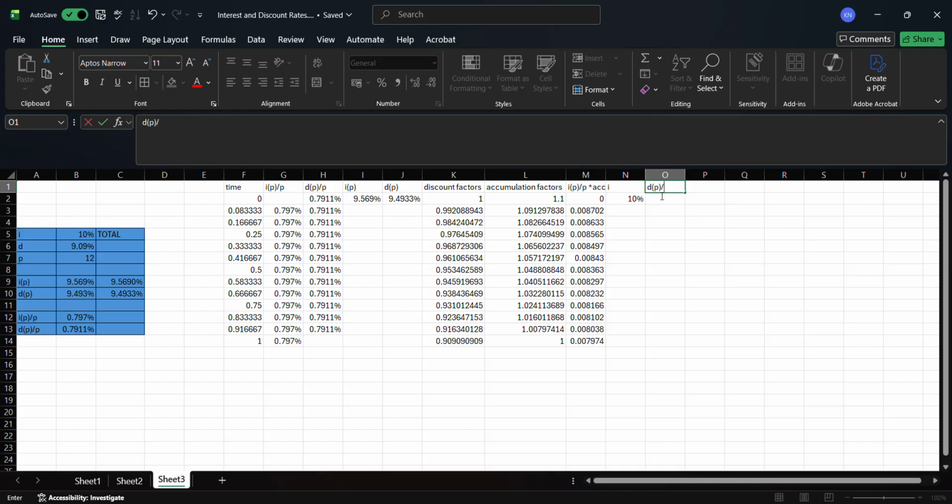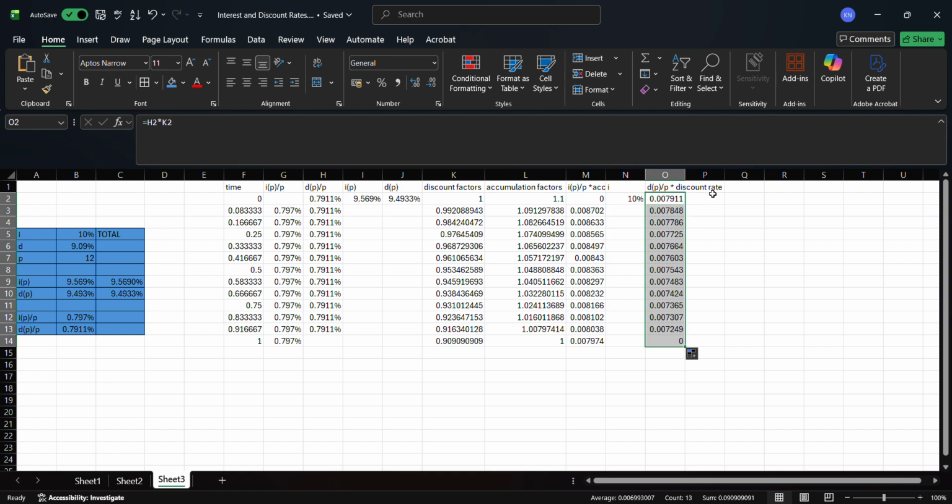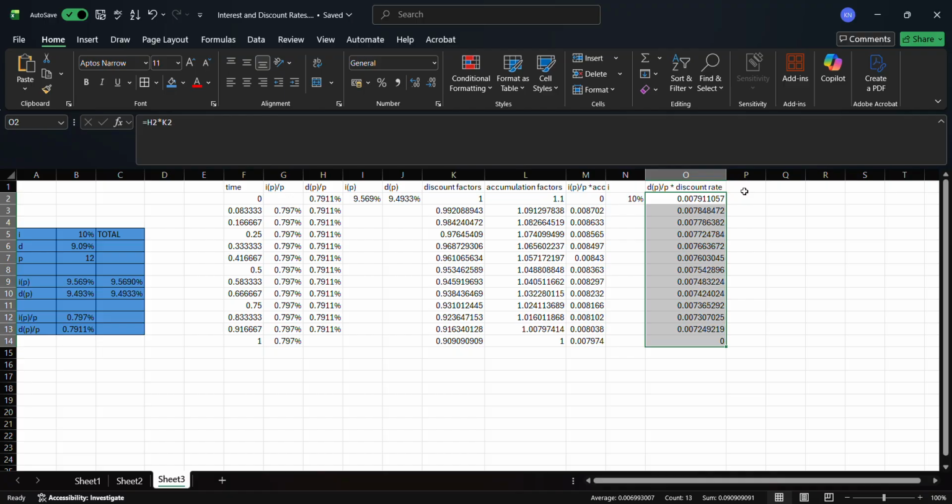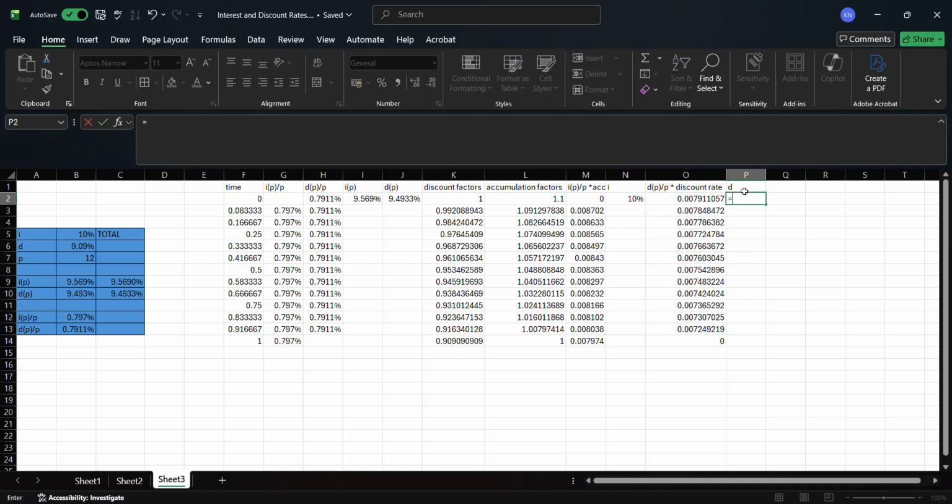I'm going to say d(p). You better get d(p) for this course. The discount rate is going to be each monthly effective discount rate times the discount factor, and we're going to do that for each of these. We should be able to recover d by taking the sum of these.